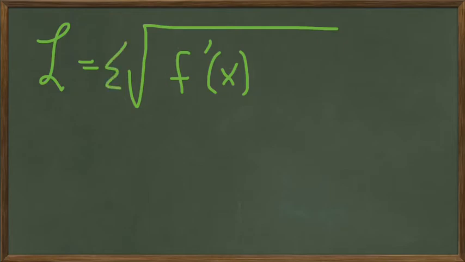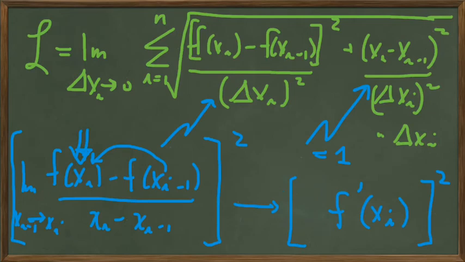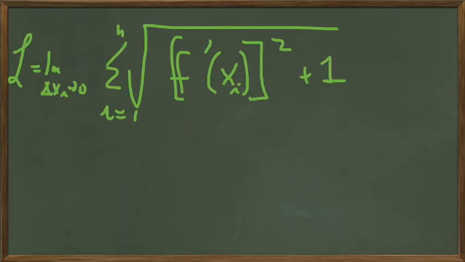So it's the summation i equals 1 to n. So it's the limit as delta x sub i goes to 0, summation i equals 1 to n, f prime of x sub i squared plus, and remember the other term here, right here was 1, and so this is plus 1.